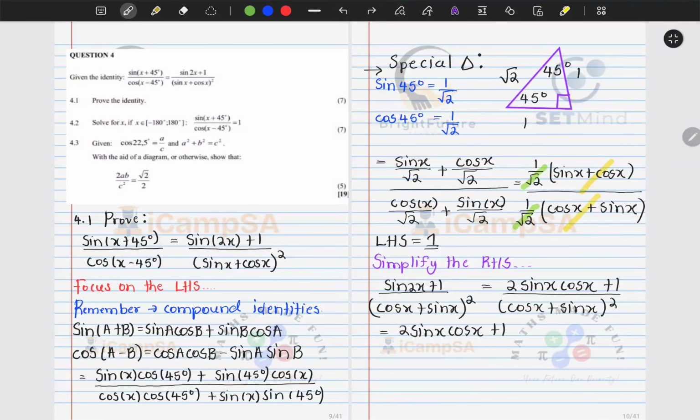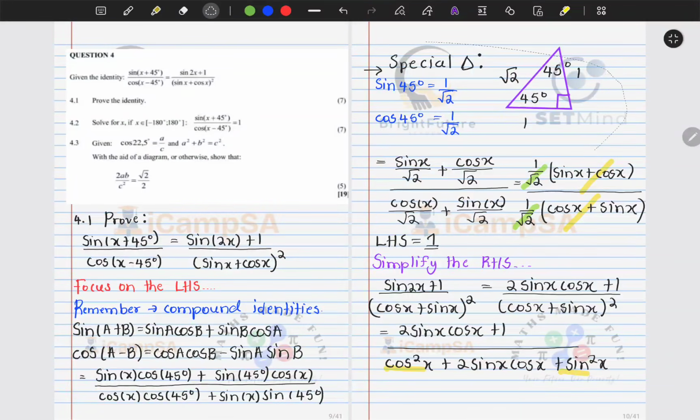If you FOIL the two brackets, that are just going to be cos of x plus sine x, cos of x plus sine x, you'll end up getting cos squared x plus 2 sine x cos x, and then plus sine squared of x. So these two terms, we know that when you add them, you end up getting 1.